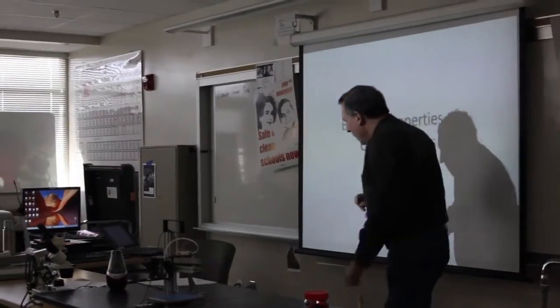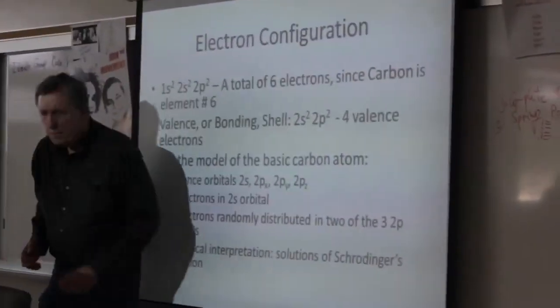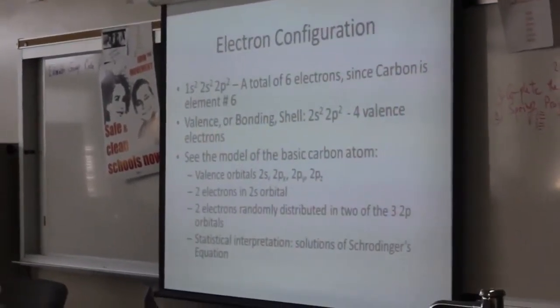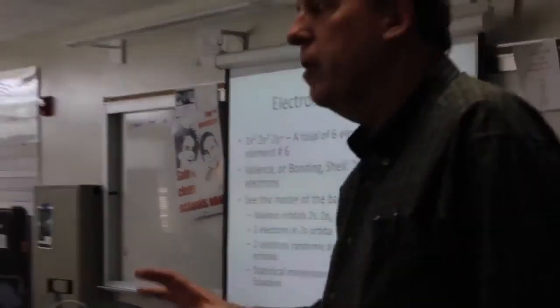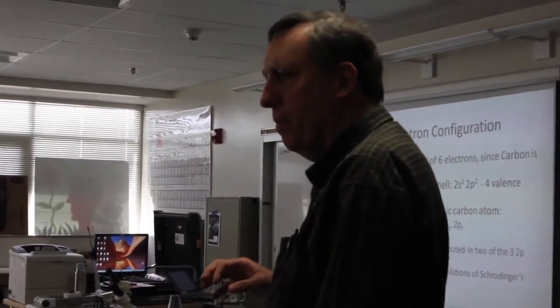So we're talking about the bonding properties of carbon atoms, and what that refers to is a process called hybridization. And I'll make that clear in just a moment. So here's a couple of things I wanted to remind you of. I know a few weeks ago that Mr. Cho covered the topic of electron configurations with you.